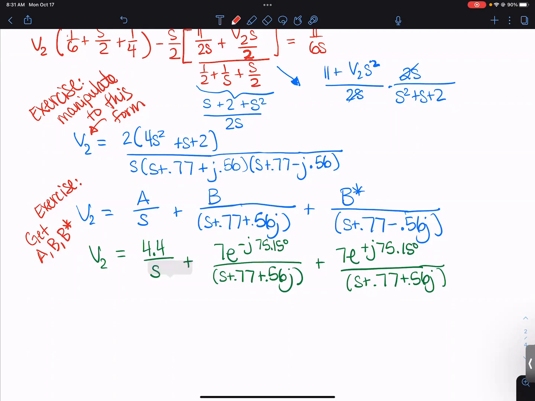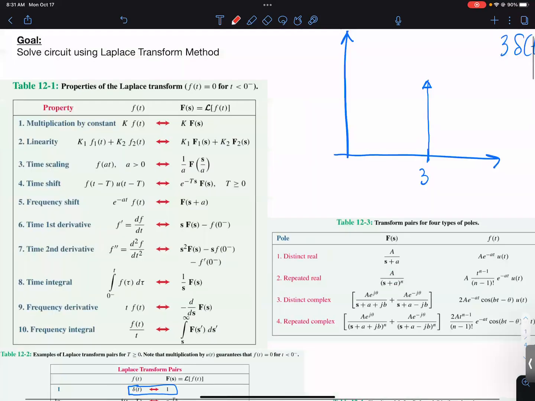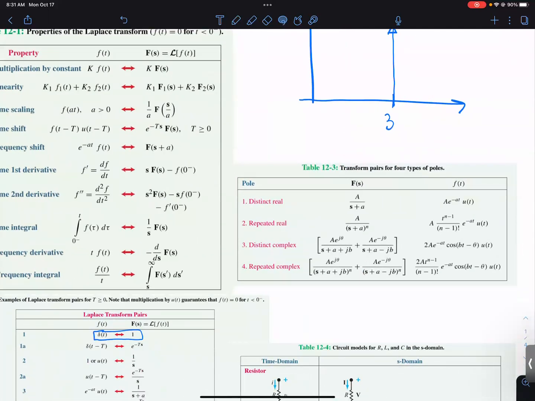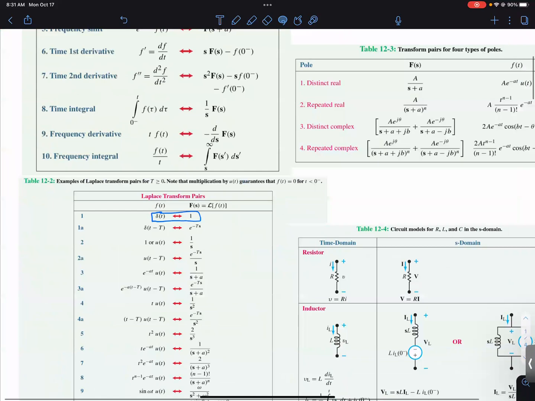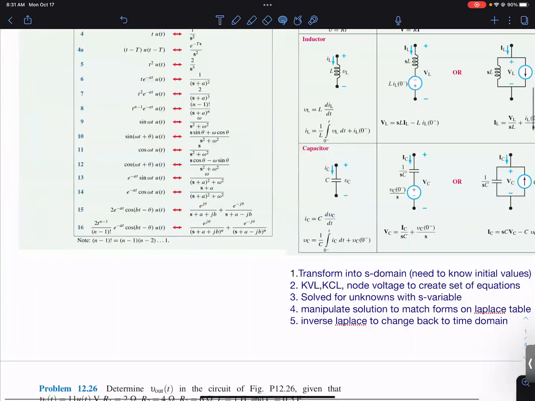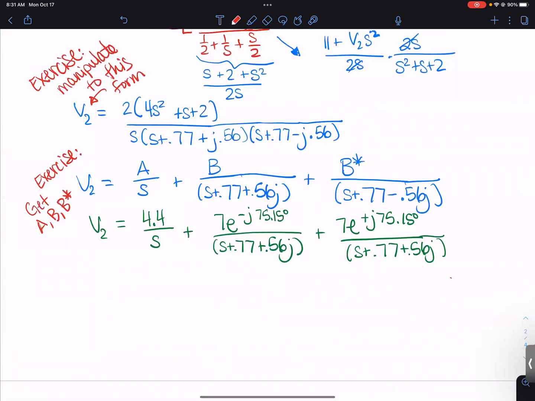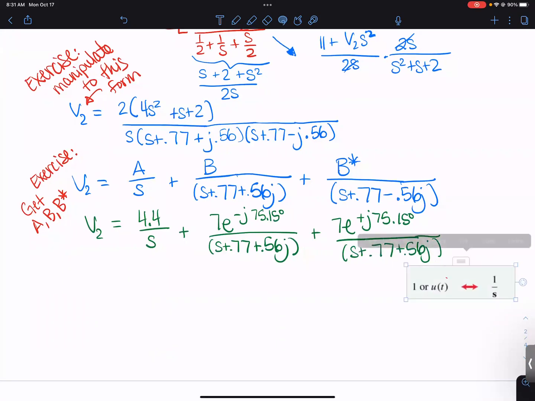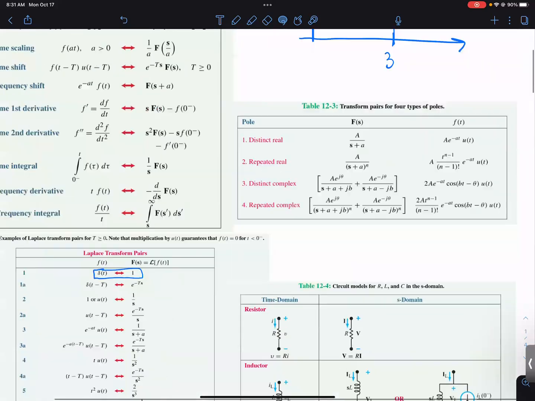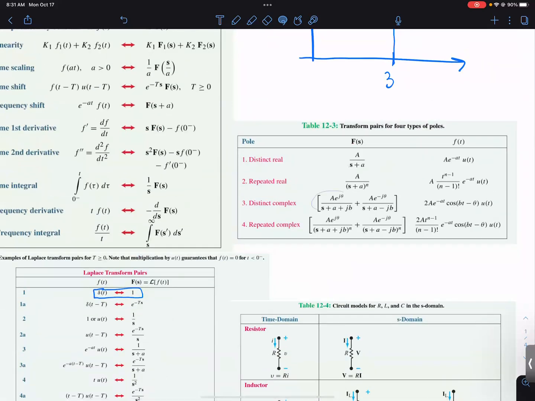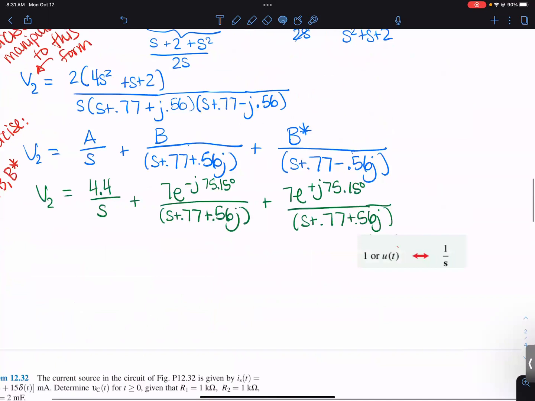So we have a form of 1 over S, and then we have the e and a complex conjugate of the e. Looking at that, 1 over S is just going to translate to u(t). So the first one's just going to go to 1 u(t), and then the complex one looks like this form. It's up here.